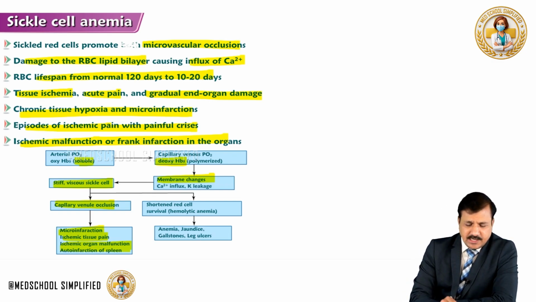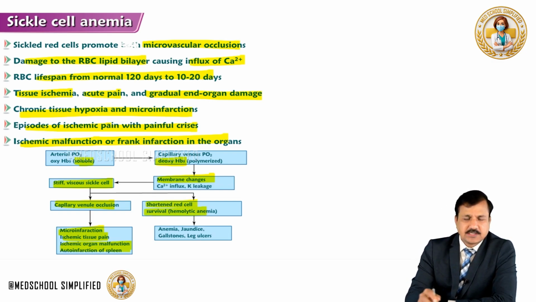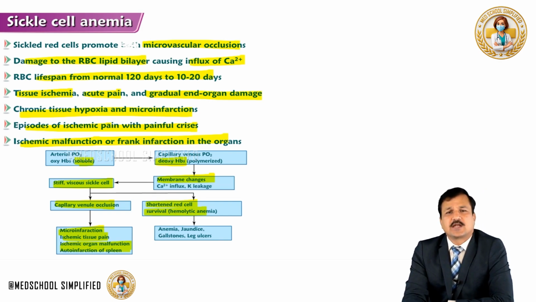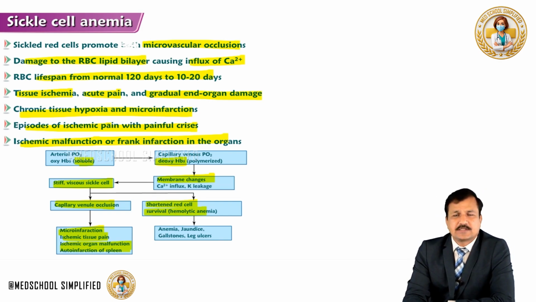And also on the other side, because of the repeated sickling process, red blood cell lifespan will decrease, as I said earlier. So it will go from a normal 120 days to 10 to 20 days.